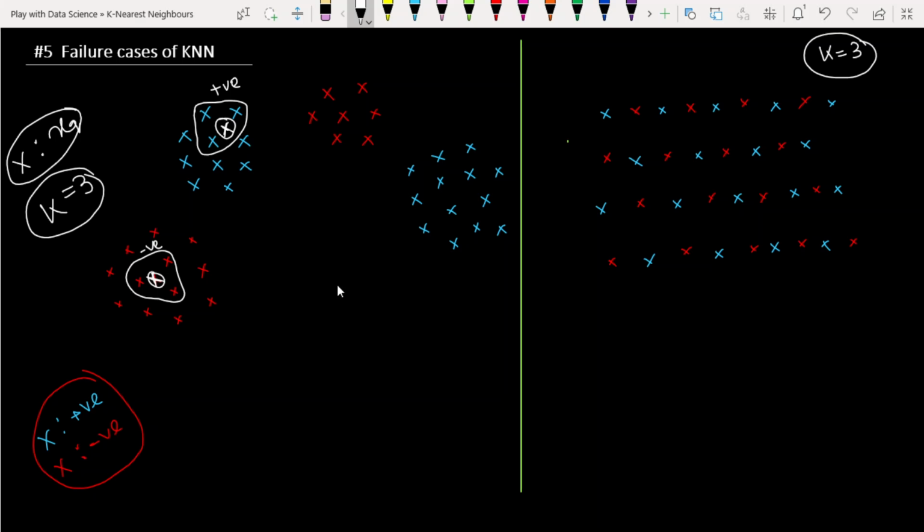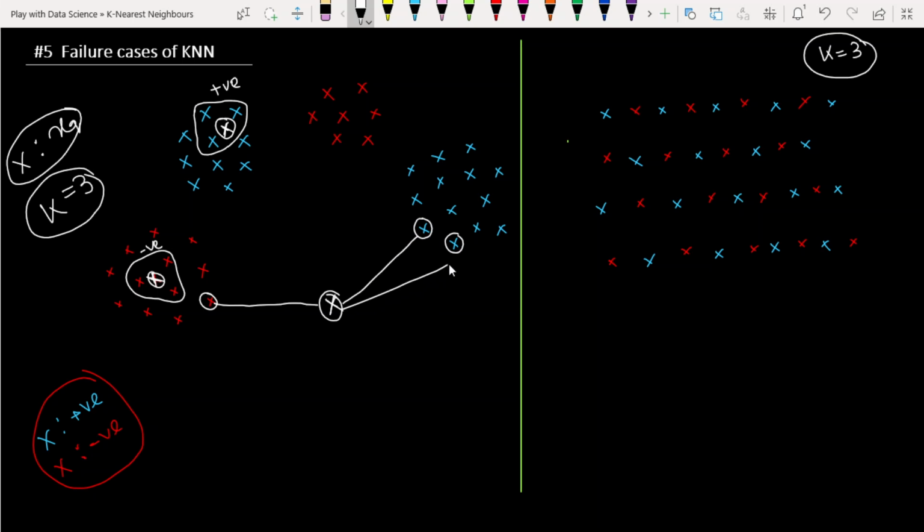But what about this one? Suppose our query point is here. What will be the 3 closest points? Suppose this is the first closest point, this is the second closest point, and this one is the third closest point.